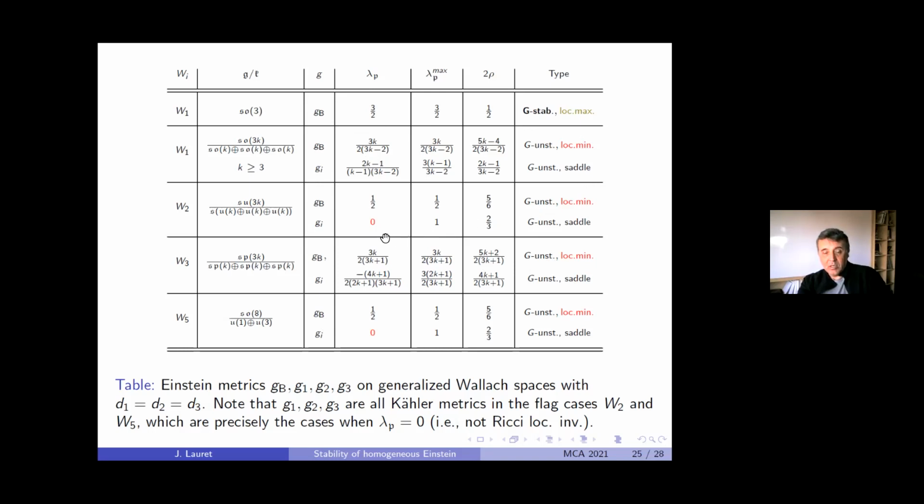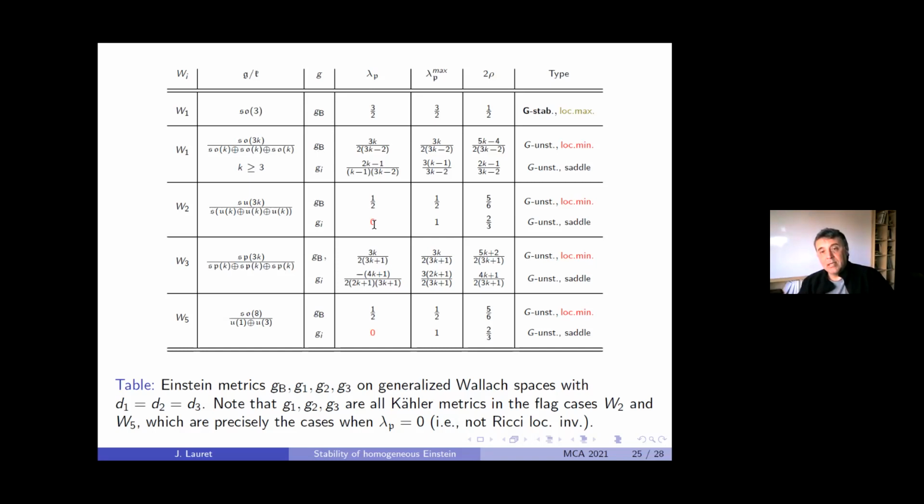And as you see, we get some zeros here. I don't have time to say much about that, but this implies that the Ricci map is not a local diffeomorphism at the metric G. And so there may be a curve of metrics through the Einstein metric with the Ricci tensor constant.